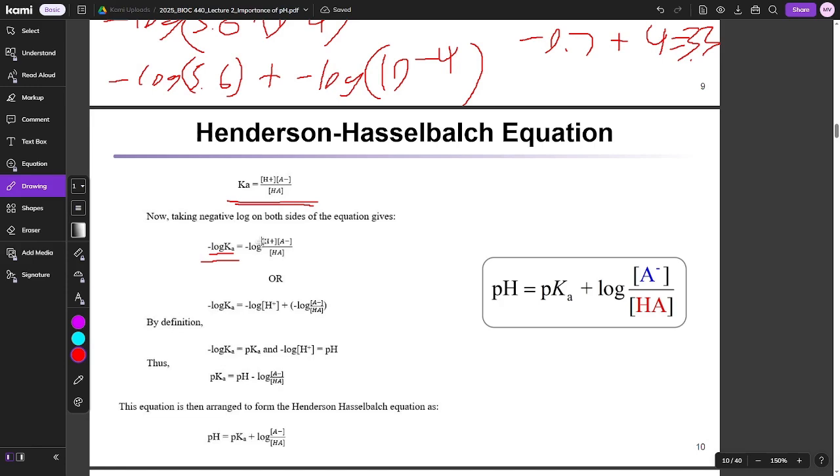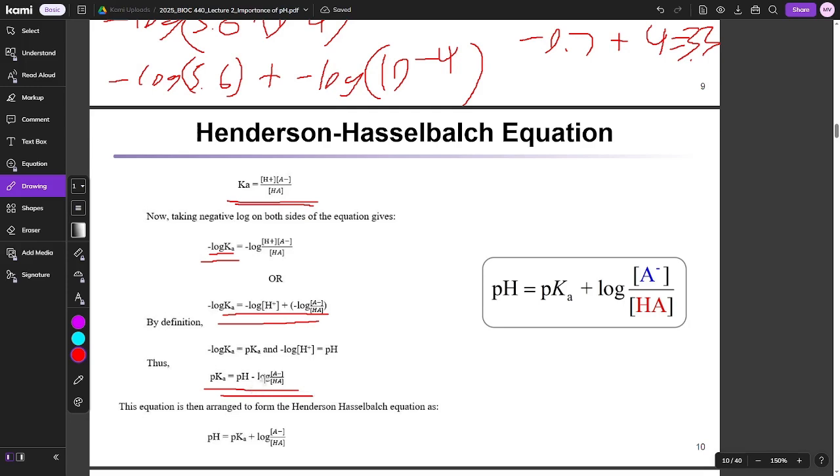And so then you're just left with this simplification. That's how we come up with this equation.